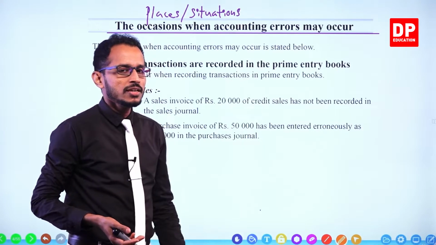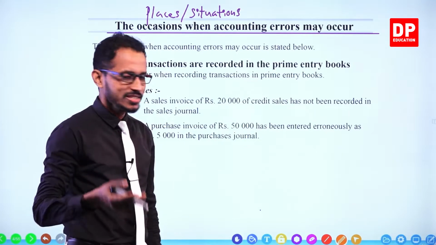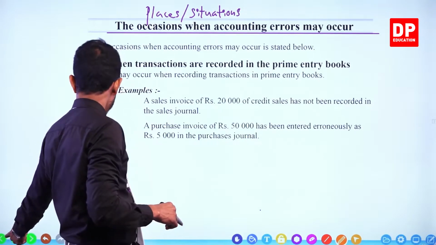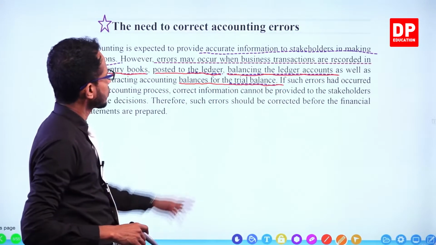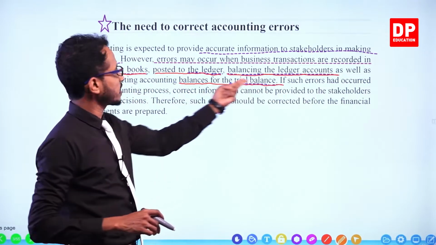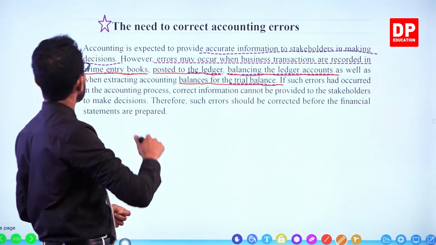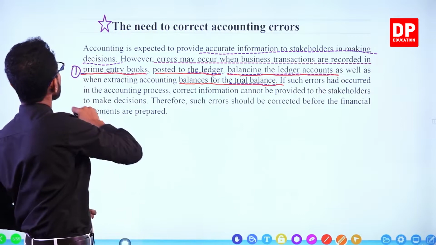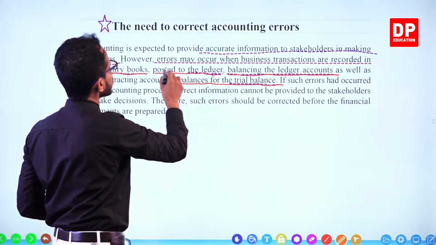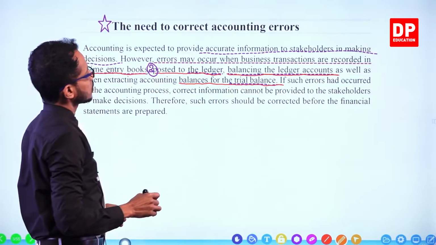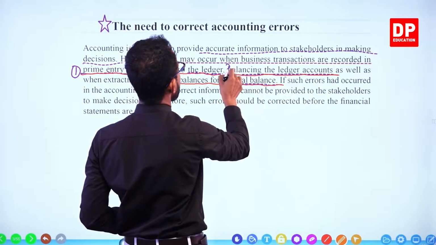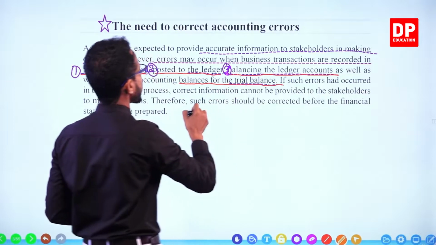The ones that we marked in the previous slide, the 4 places, I have marked here in red color. These are the 4 places. 1, 2, 3, 4.